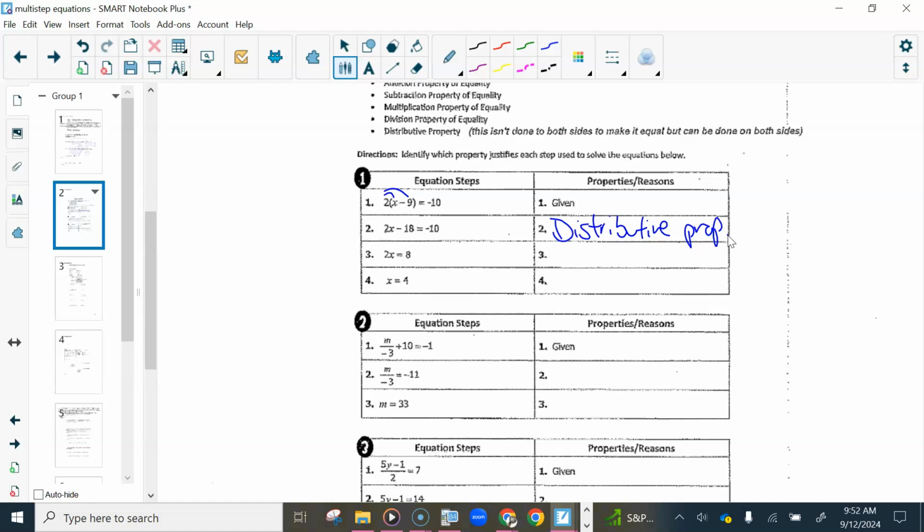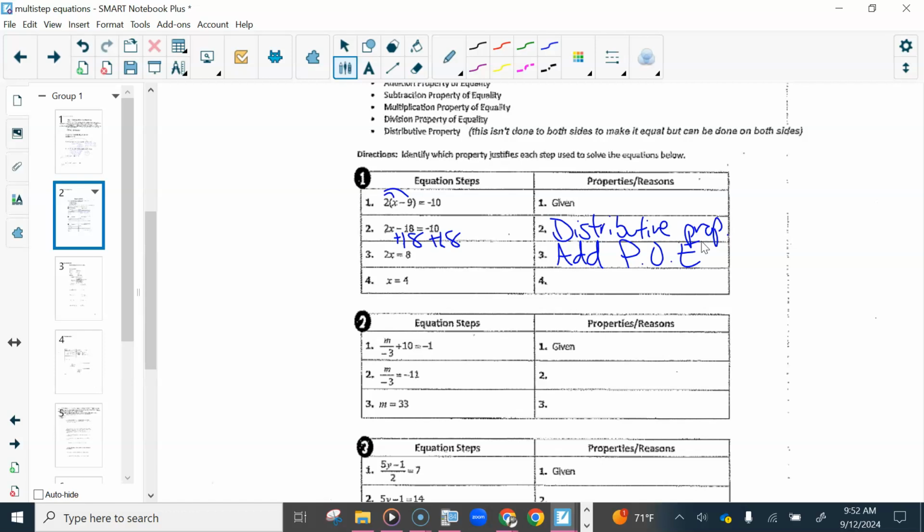And then from step 2 to step 3, what did they do? Made it plus on both sides. They added 18 on both sides, so that's your additive property of equality. I'm just going to put add property of equality.